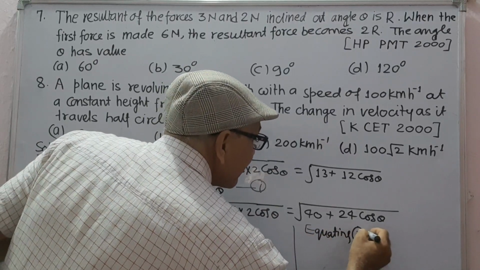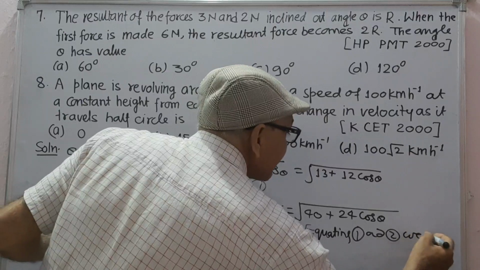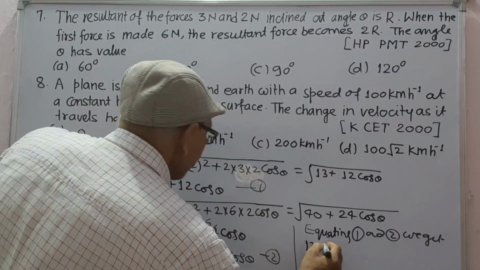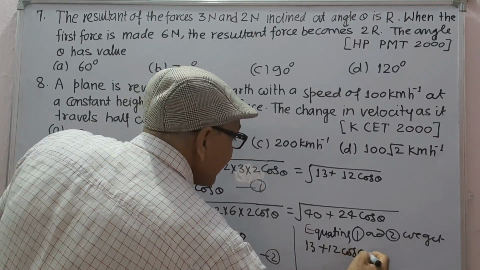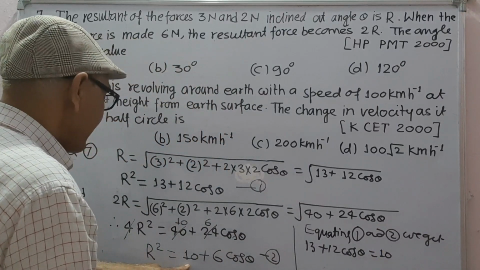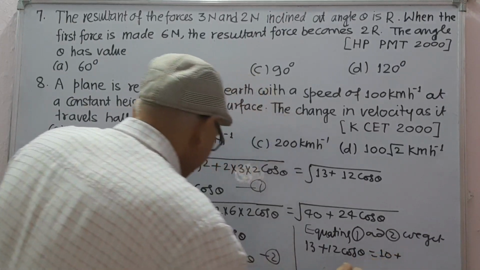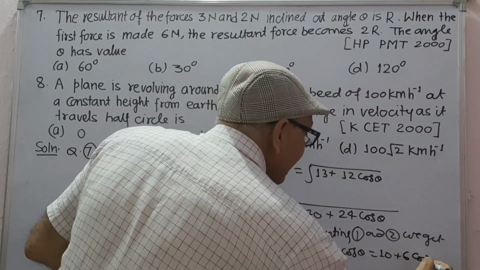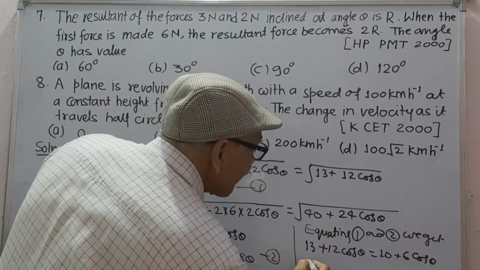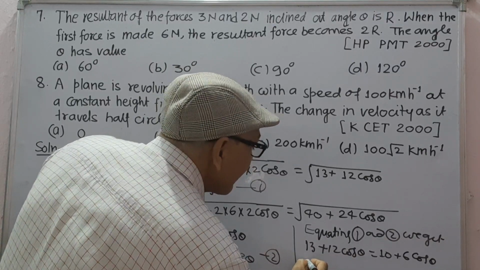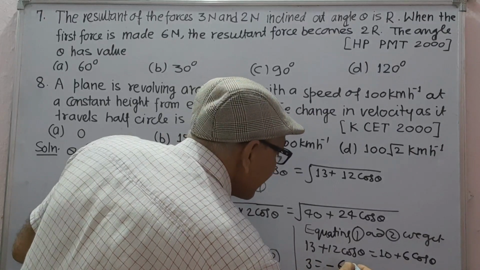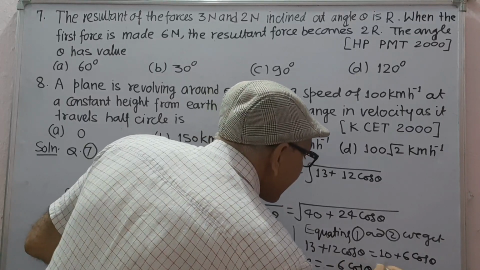Equating 1 and 2 we get 13 plus 12 cos theta is equal to 10 plus 6 cos theta, which gives 3 is equal to minus 6 cos theta.